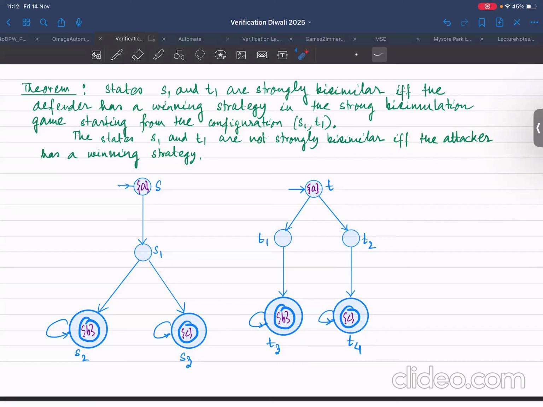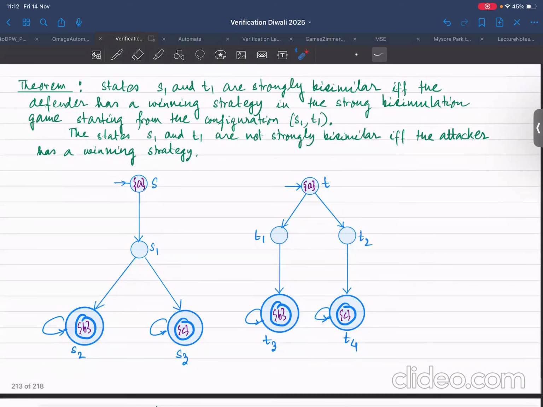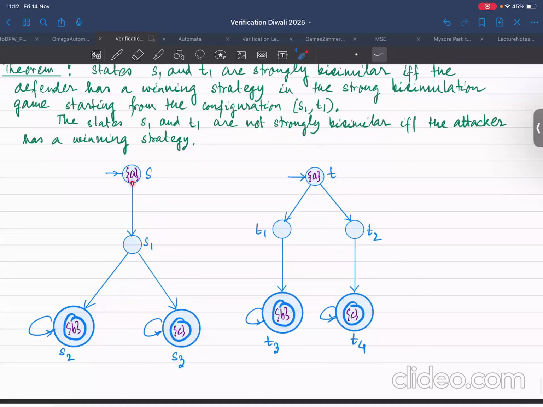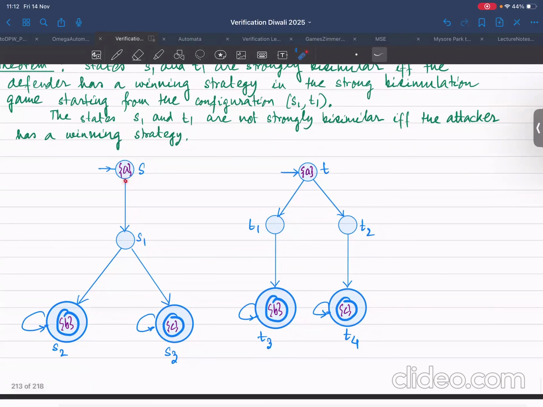The challenger wins here because, as Ananya was saying, the attacker first will choose this side, and the defender can respond with either of them. Okay. Suppose the defender responds this. So the new configuration is S1, T1. Now the attacker again chooses from S1, it can go to this S3.